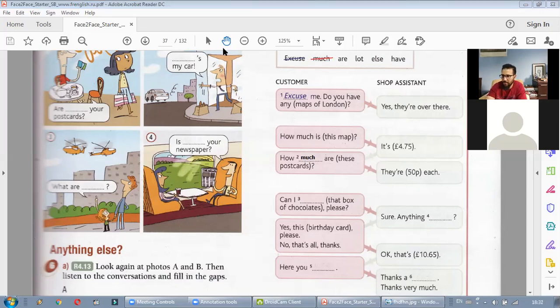You can continue. You can finish. Can I have that box of chocolates, please? Sure. Anything else? Good. Anything else? Okay. Yes. This birthday card, please.